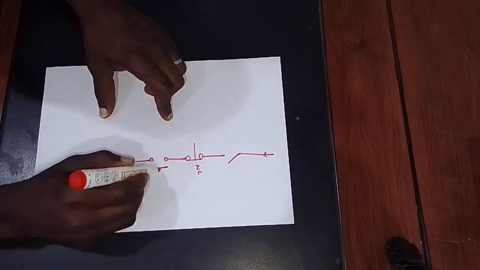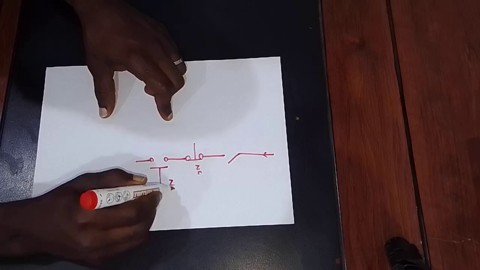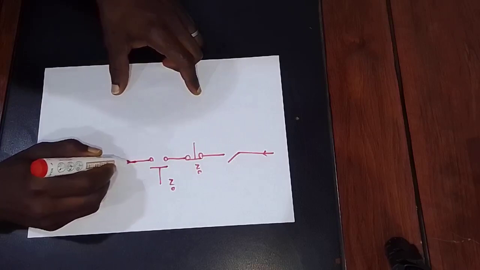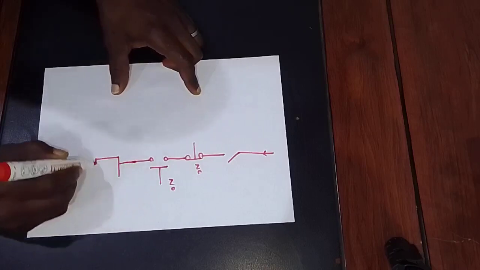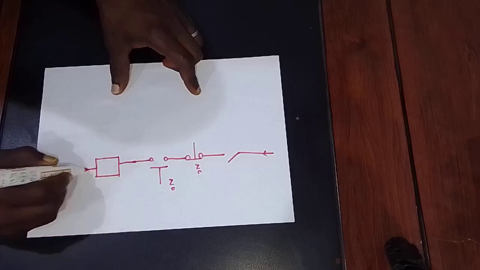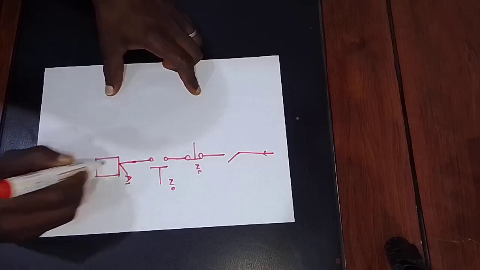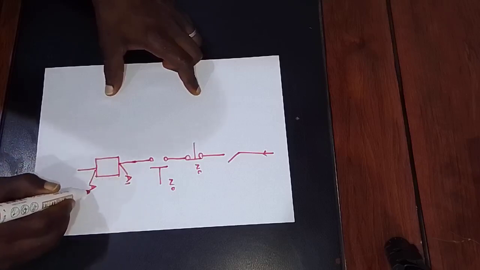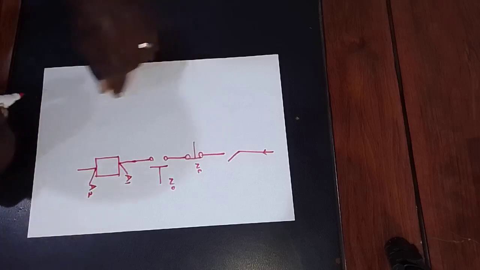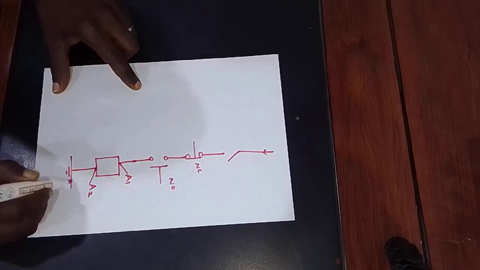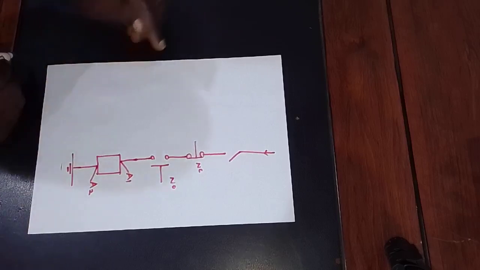The start push button is normally open and connected to the coil. Here we have A1 that accepts the live conductor. Here we have A2 that accepts the neutral conductor, connected to the neutral. This is a symbol for ground or neutral.